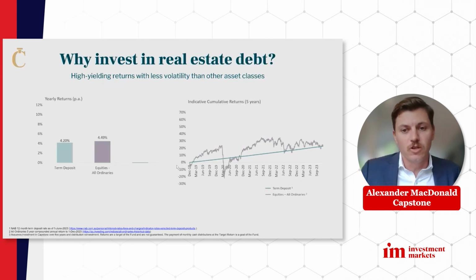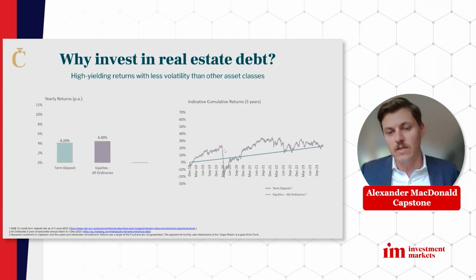That's compared to an equity return. The All Ordinaries is a good proxy for the Australian public company market. Over the last 5 years, the All Ordinaries in particular has delivered a 4.5% return. Typically, it's more like a 7% return in the longer run. Similar to the equity component in a real estate investment, the equity component in companies has a similar dynamic, where the company might have debt underneath it, but equity is the one taking the full volatility of the value of the company.